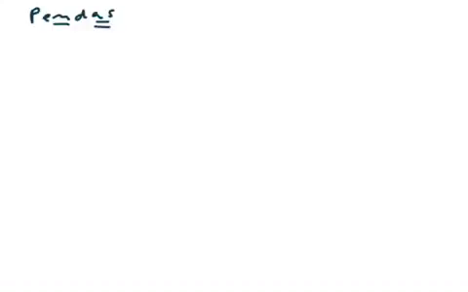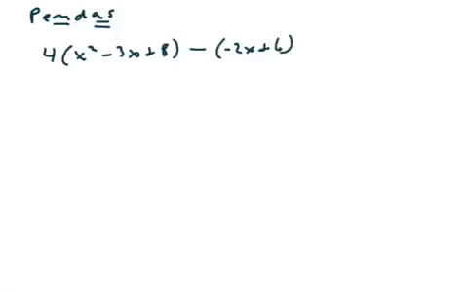So, for instance, if I had a problem like this, 4 times (x squared negative 3x positive 8), and then negative (2x positive 6). All right, we've got a few different things going on here, guys. But first off the bat, I'm not going to be combining anything in here because there's other things going on that are more important than combining.